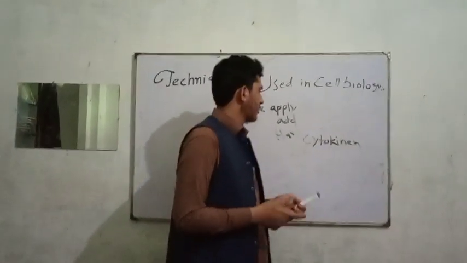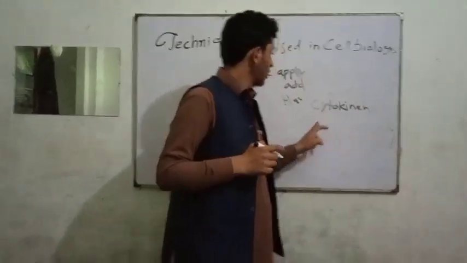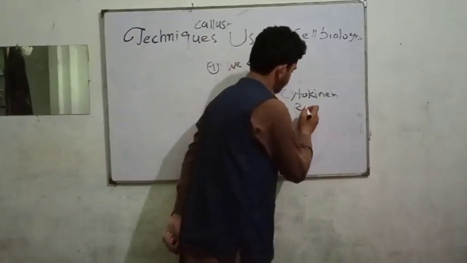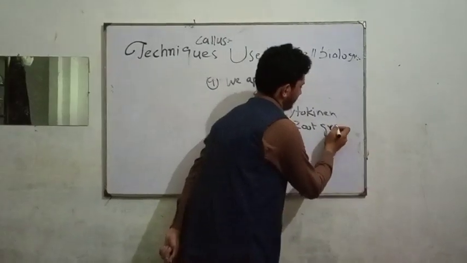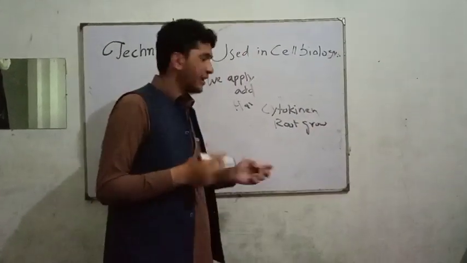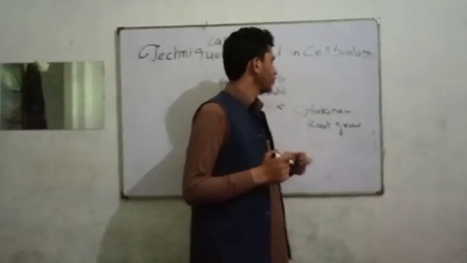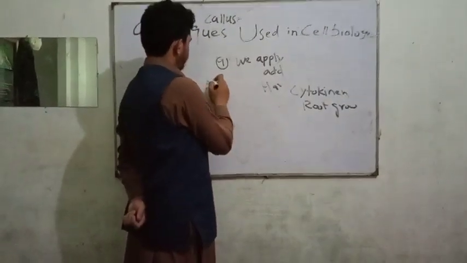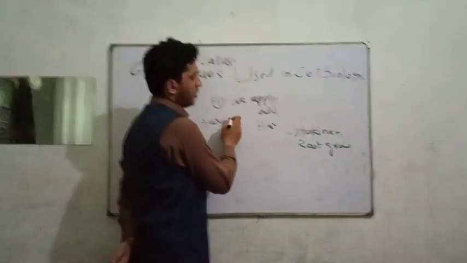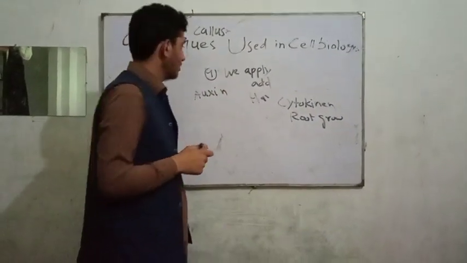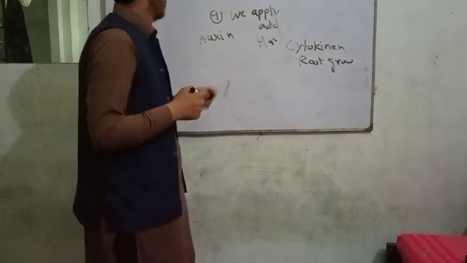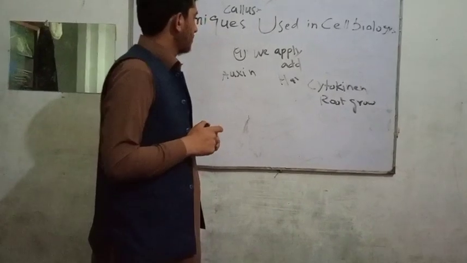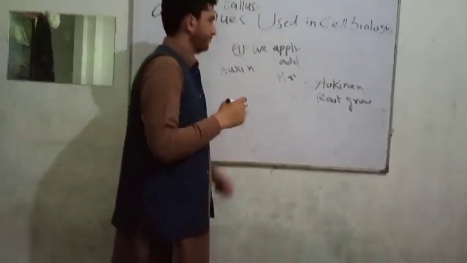Cytokinin is the hormone which helps in the stimulation of root formation. We also increase the growth of shoots through auxin, which is another hormone that helps in the growth of shoots.